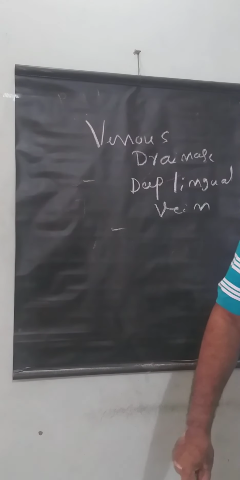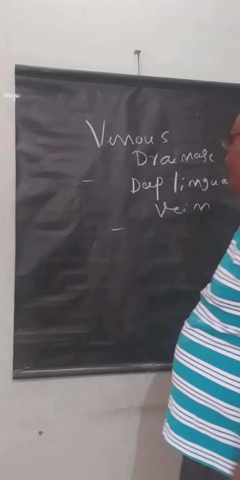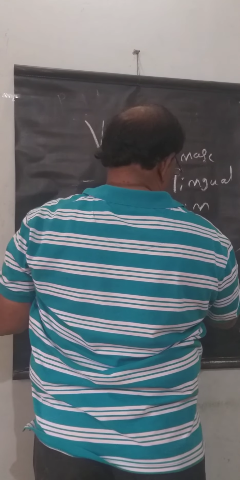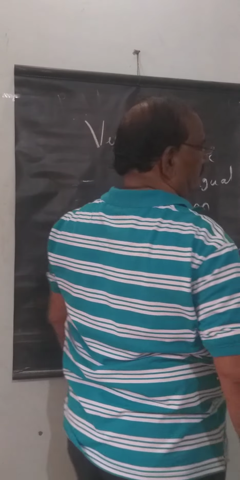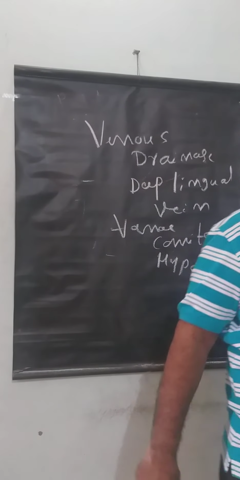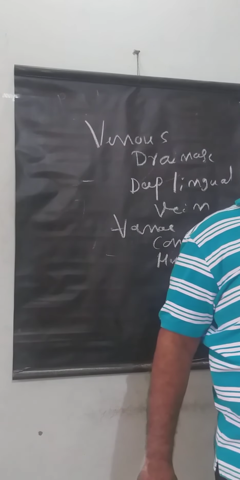Vena comitans accompany the hypoglossal nerve. The deep lingual vein is quite variable.